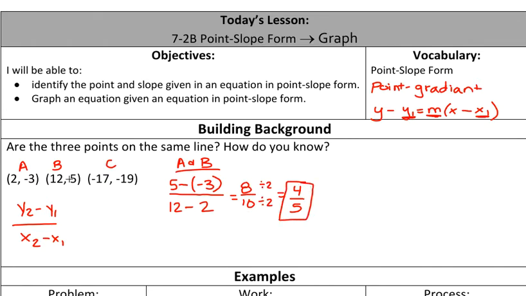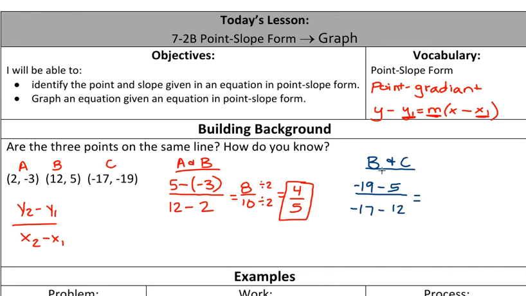So since we did A and B, let's try B and C. Okay, so y2 is going to be negative 19 minus y1, which would be 5. Then x2, negative 17, minus x1, which is 12.